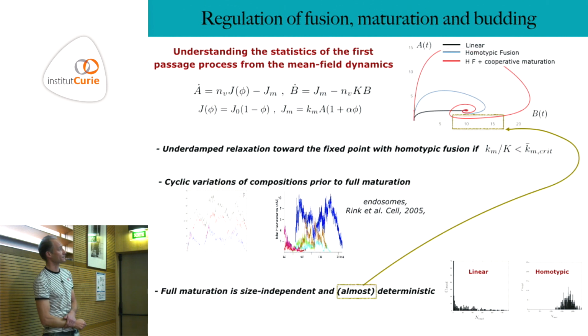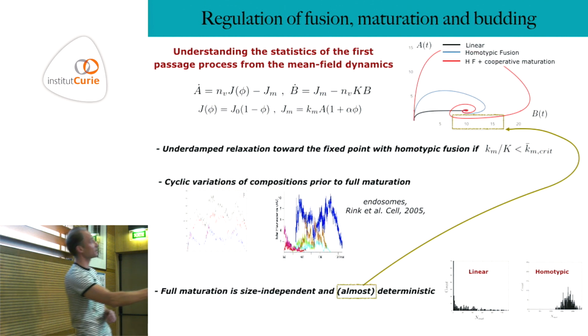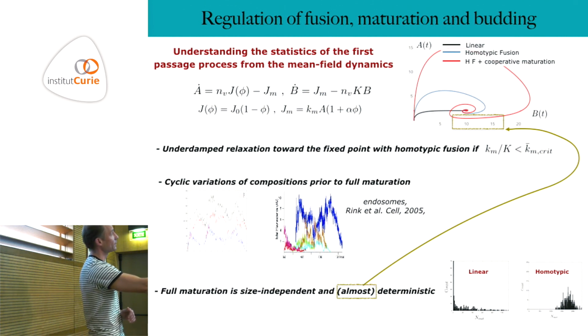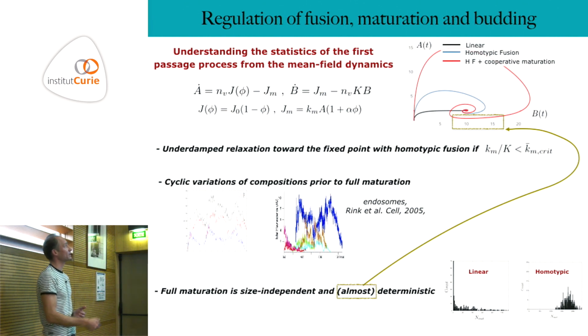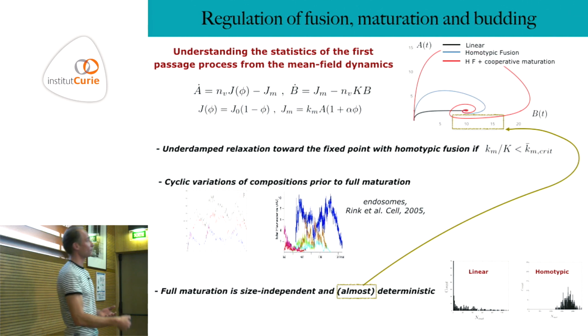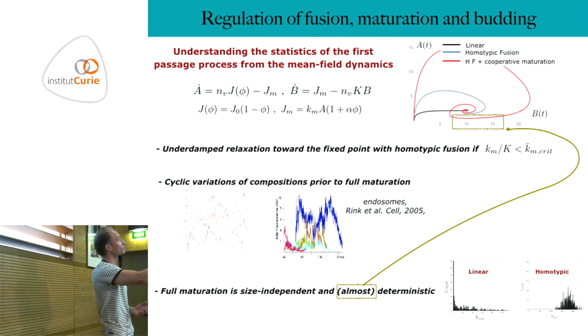spiraling kinetics here. And during this spiraling kinetics, the compartments spend a long time in a region where there are very few A molecules. So here, stochastic fluctuation can very easily completely remove all the A molecules and you become isolated. So the main difference between having this influx that depends on composition is that first you will have oscillations in the composition. And by the way, if you look at the oscillations, you can see that experimentally.